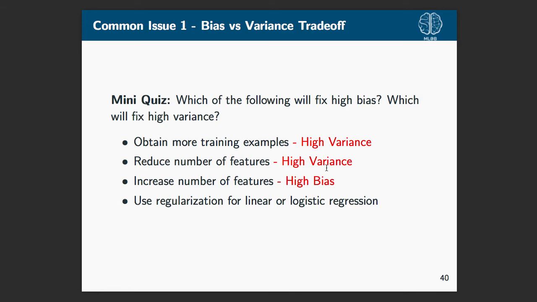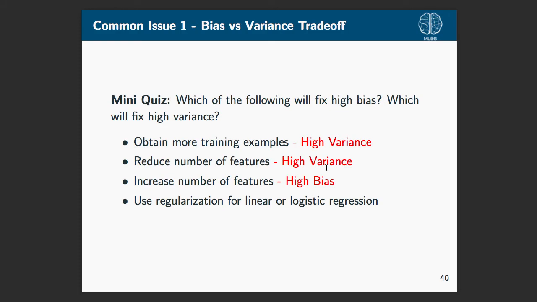You can get a more complex model, and therefore you can overfit more. Yeah, that's correct. If you have something that has high bias, that means the model is not expressive enough. So if you give it more features, you're giving it more things it can manipulate so it can better understand what the distribution of the data set is.